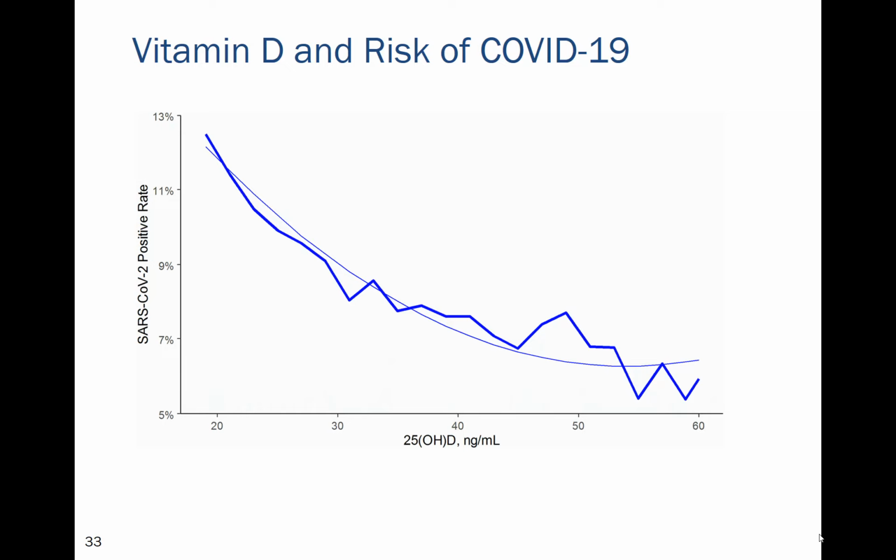So this is an important slide. On the bottom axis, the x-axis, is the 25-hydroxy vitamin D or vitamin D level. The y-axis is the positivity rate for SARS-CoV-2. So you can see as the vitamin D level falls below 30, and 30 usually is the threshold which distinguishes vitamin D sufficiency from insufficiency, 20 is the threshold for deficiency.